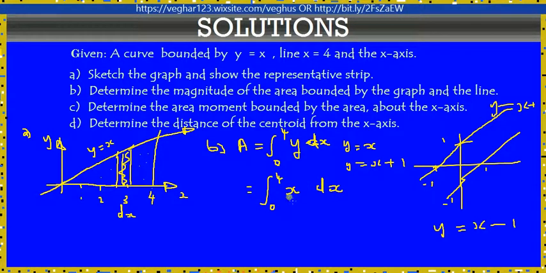Everything is in terms of x because we are dealing with the strip for the x-axis, and the limits are from the x-axis as well. We leave y like this only if we have limits for y. Let's stick to this one and integrate. Let me continue integrating to the answer.